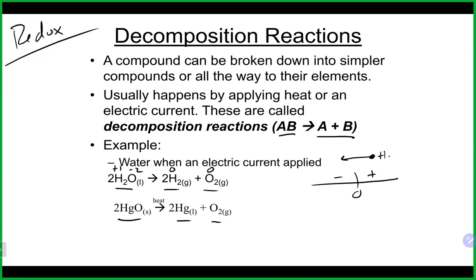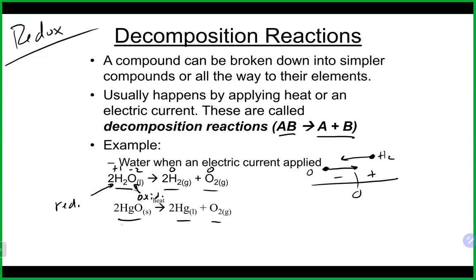So it's actually the hydrogen in this case that is getting reduced. And the oxygen starts at -2 and ends at 0, which is becoming more positive, and is the oxygen here that is getting oxidized. It is the opposite of when you put it together, and it's because it's the opposite reaction. So the opposite thing is happening in this case.